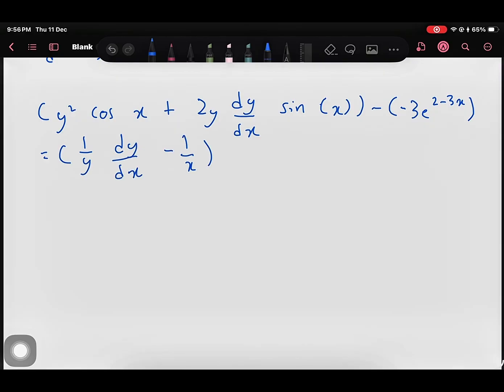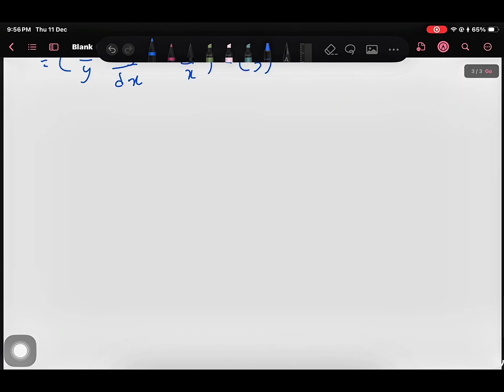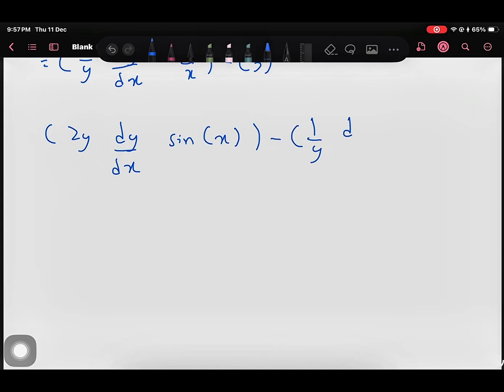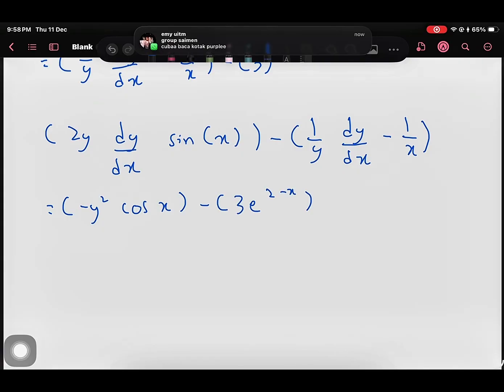Next, we will arrange the equation by putting the dy dx to the left side. 2y dy dx sin x minus 1 over y dy dx minus 1 over x equal negative y power of 2 cos x minus 3e power of 2 minus 3x minus 1 over x minus 3.